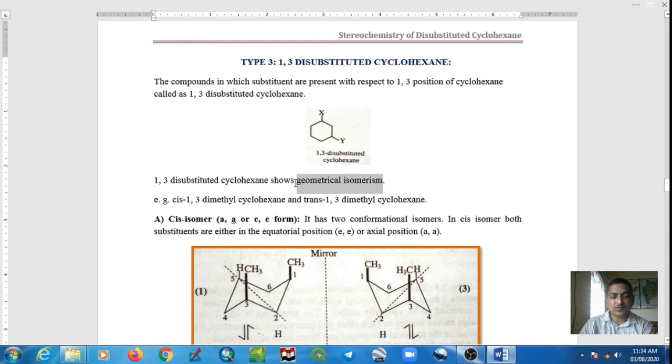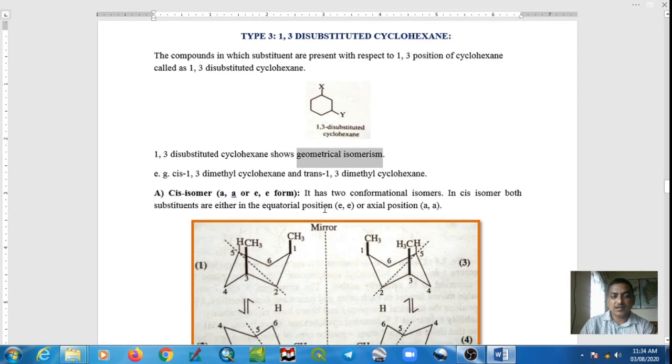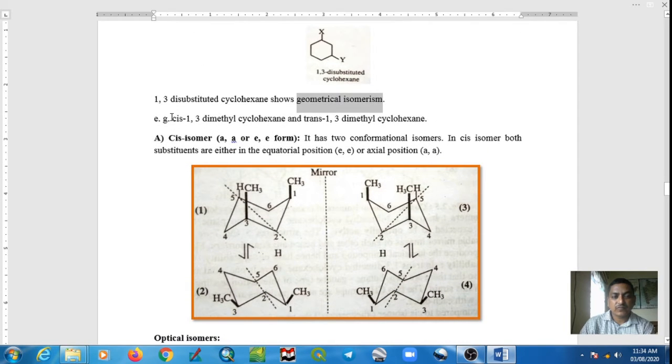One is cis 1,3-dimethyl cyclohexane and second one is trans 1,3-dimethyl cyclohexane. In this lecture, we are going to study the stereochemistry of cis 1,3-dimethyl cyclohexane.